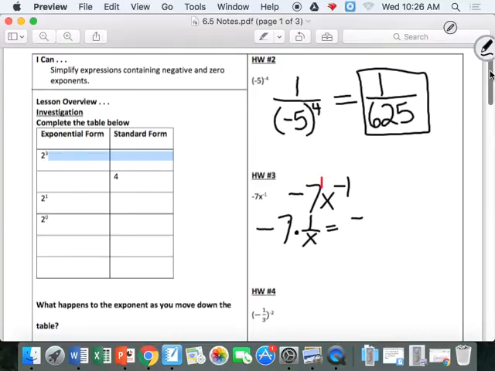Negative 7 times 1 is negative 7, and then x is on the bottom. So basically, this x goes to the denominator. Everybody understand that? Okay.